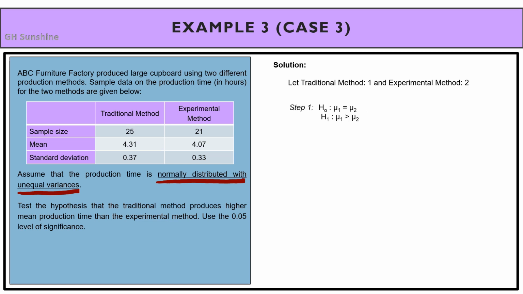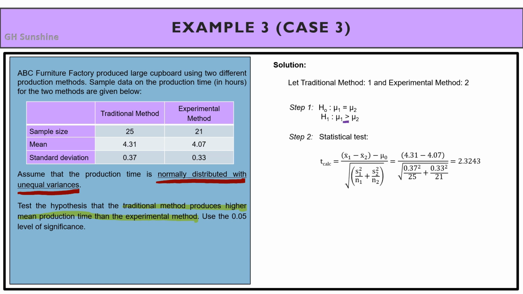So first step, set up the H0 and H1. So H0 mu1 equal to mu2. H1 mu1 more than mu2. So more than mu2 based on this one. Traditional method produces higher mean production time than experimental method. That's why mu1 more than, or higher than, mu2.